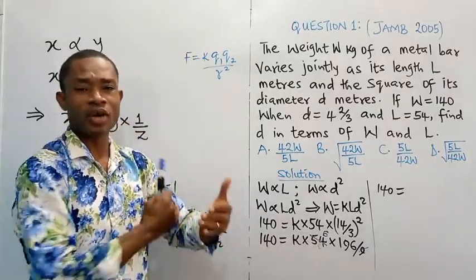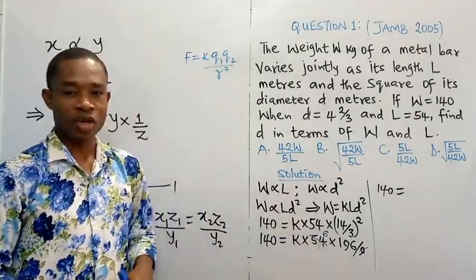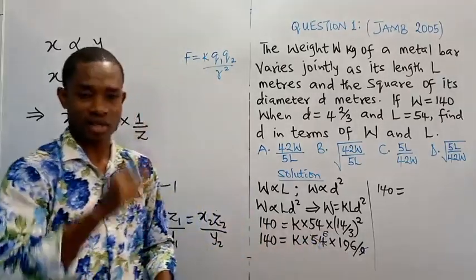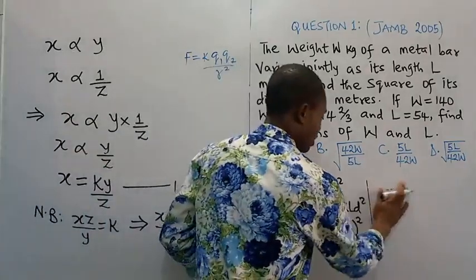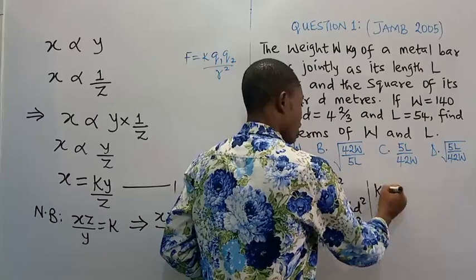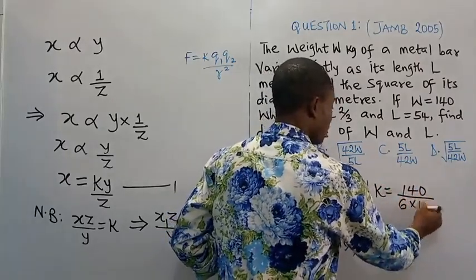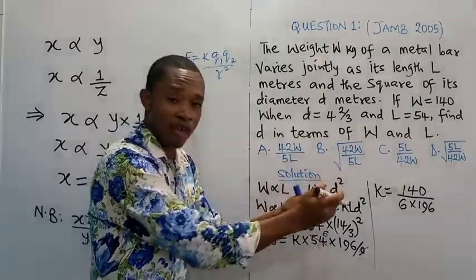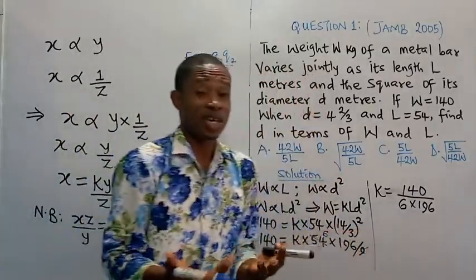From that level, you are going to divide both sides by what is multiplying K. So here, what is multiplying K is 6 and 196. Multiplication is between them. So to get K directly is going to be 140 all over 6 times 196. Now, I've already explained that it is better to solve with something like this so you reduce easily. And I want us to reduce as fast as we can.